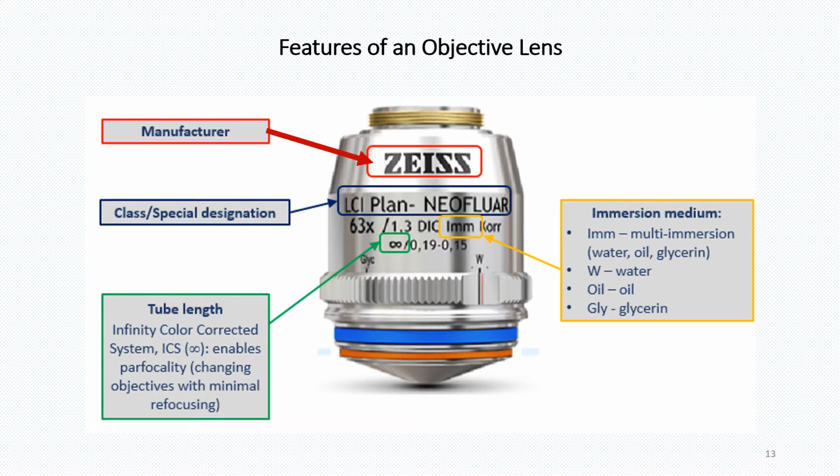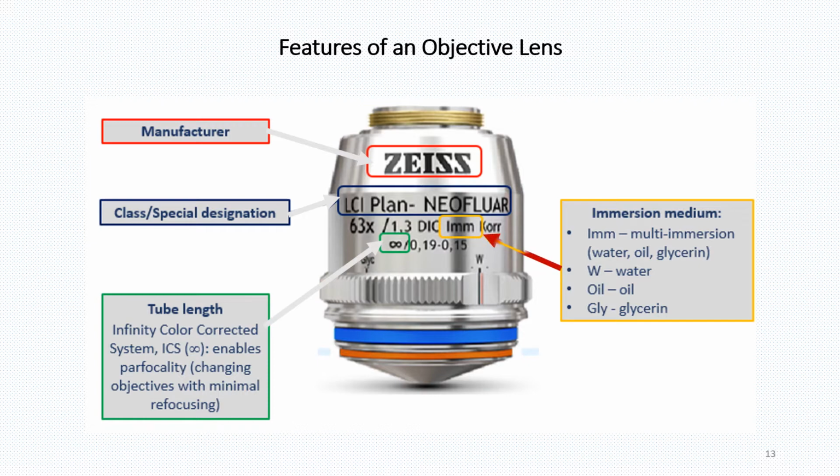These include the manufacturer, the class or special designation, which indicates the optical corrections offered by the objective. The infinity mark inscribed on the objective refers to an infinity corrected objective, which allows the insertion of optical components such as filters, beam splitters, prisms, and polarizers into the microscope system without affecting focusing.